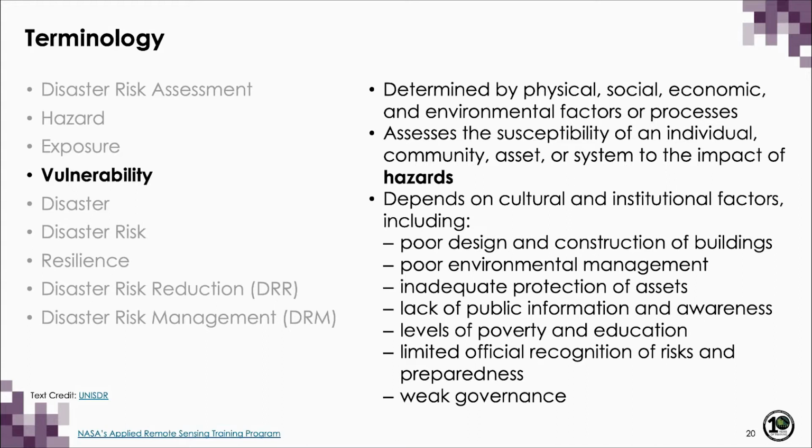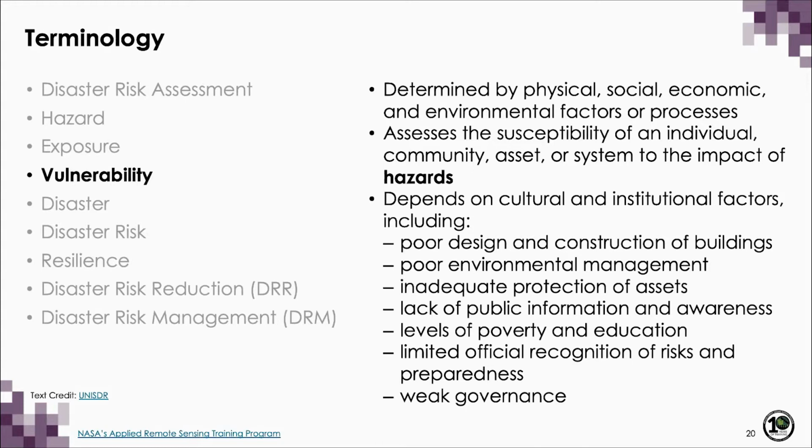So what is vulnerability? Vulnerability is actually determined by physical, social, economic, and environmental factors or processes, which assesses the susceptibility of an individual or a community, asset, or system to the impact of hazards. How vulnerable a particular sector of society or infrastructure is to hazard is what vulnerability is representing.